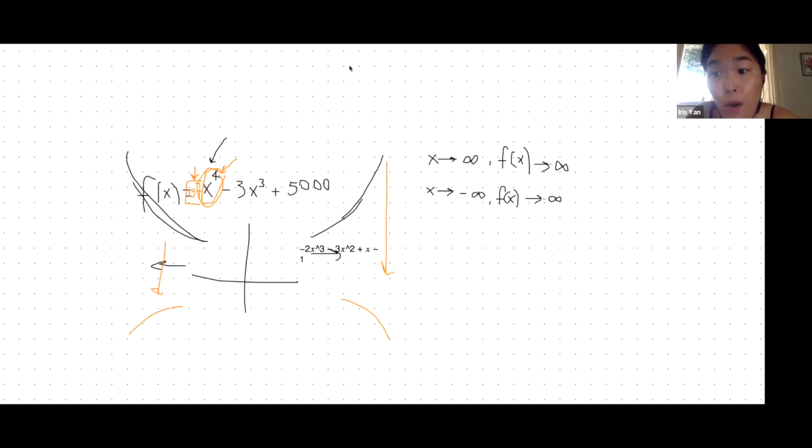Right? And let me say this slowly, so if you rewatch, you can think about it carefully. If the highest power here is an even number, you know the end behavior will be the same. They will either both go to positive infinity or both go to negative infinity.